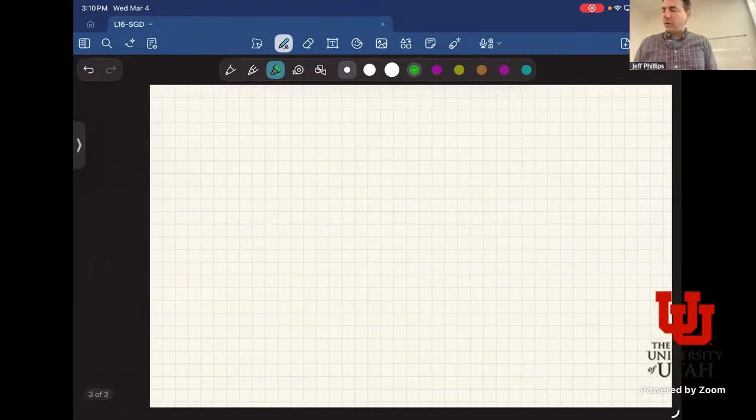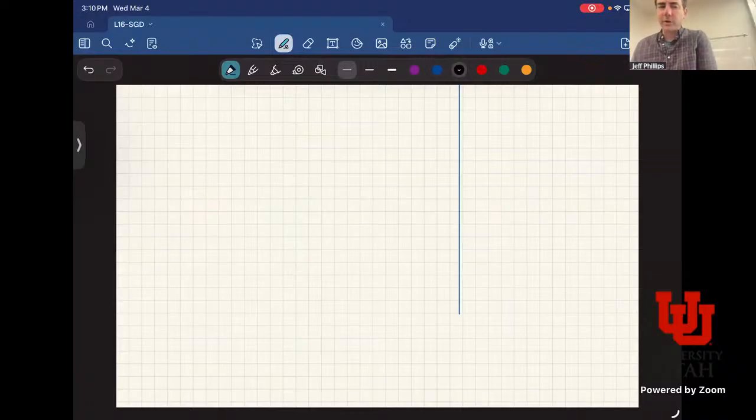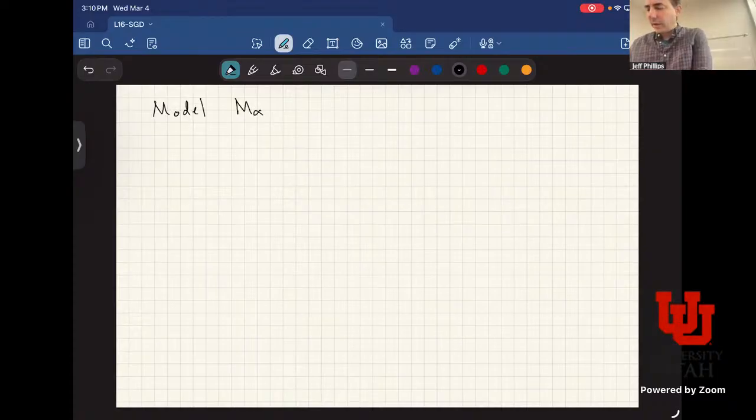In order to walk through this, we're going to focus on an example, that blue line. An example where my model M alpha is for polynomial regression.